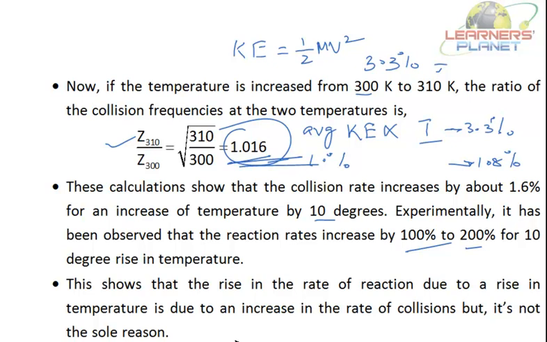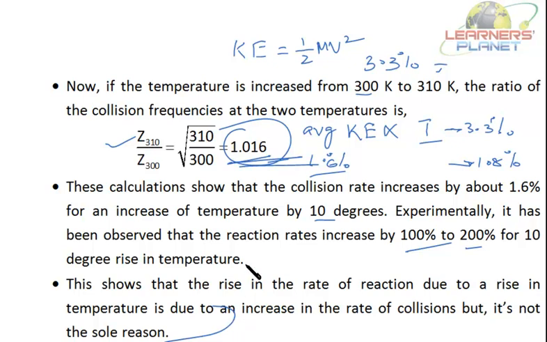Now, the reaction rate is increased by 100 to 200%, and here according to the kinetic theory it is increasing by only 1.6%. This shows that the rise in the rate of reaction due to a rise in temperature is due to an increase in the rate of collisions, but it's not the sole reason. There has to be some other thing also.